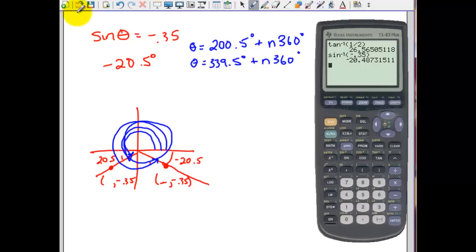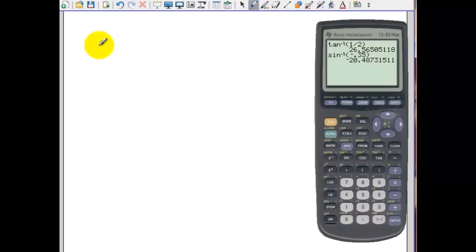Now frequently when we solve these problems, it will be worded as solve sine of theta equals negative 0.35, and it might say for theta in the third quadrant, or it might say for theta between 180 degrees and 270 degrees.